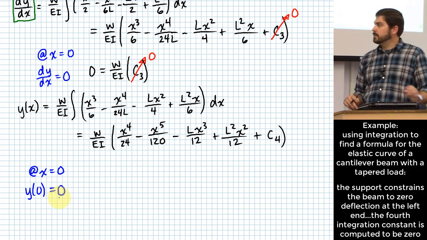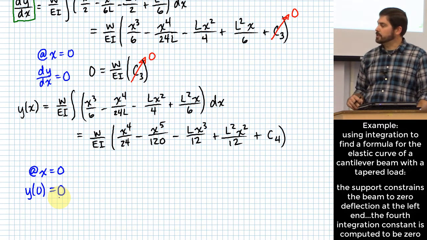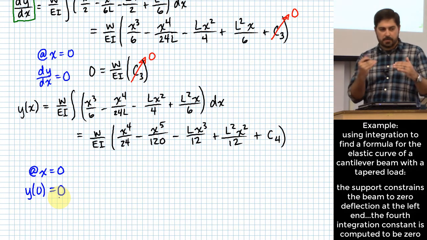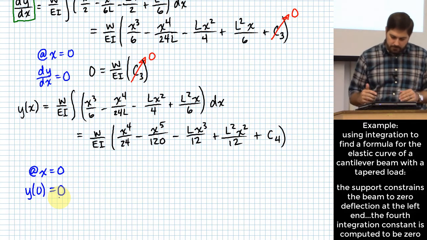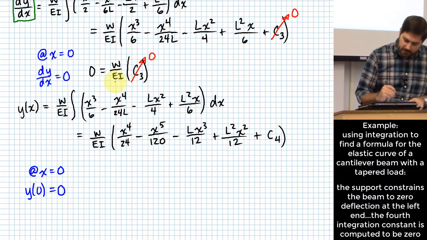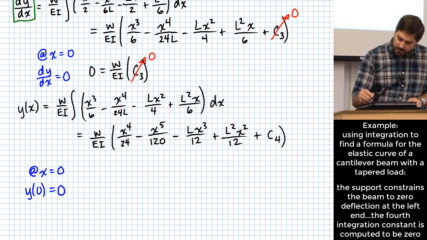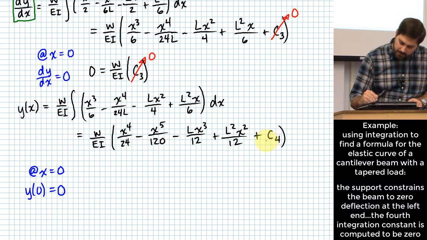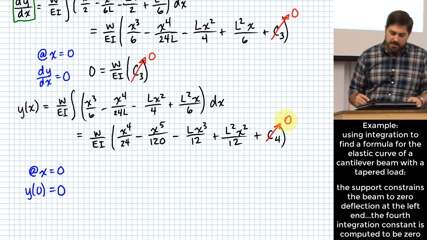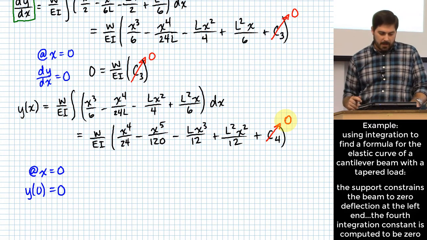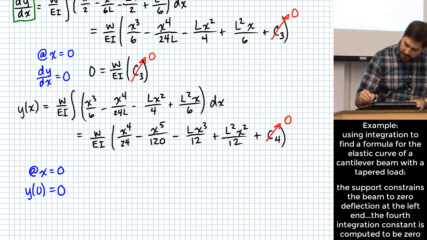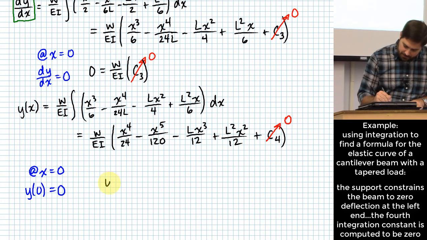That's our elastic curve function basically has no deflection right where it comes out of the wall. And based on similar logic to what we just had before, this tells us that C4 also has to be 0. And so what do we conclude now about the equation of our elastic curve?